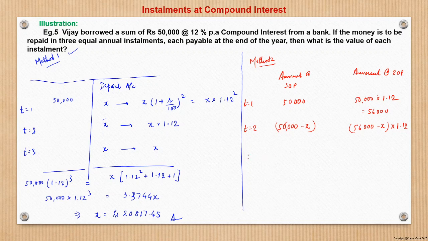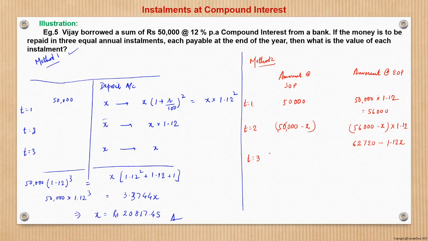Then during the third period, at the start of the third period, 56,000 into 1.12 gives me 62,720 minus 1.12x, right?